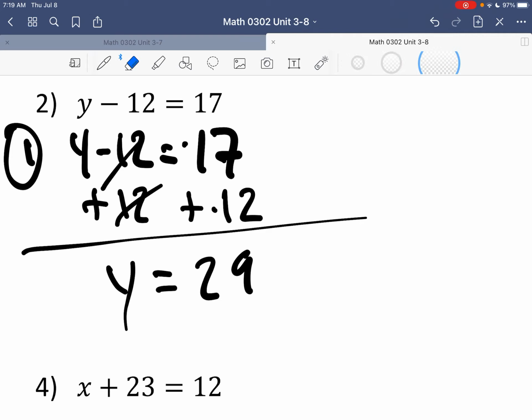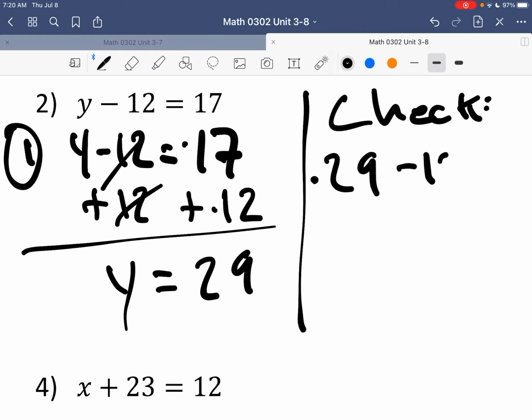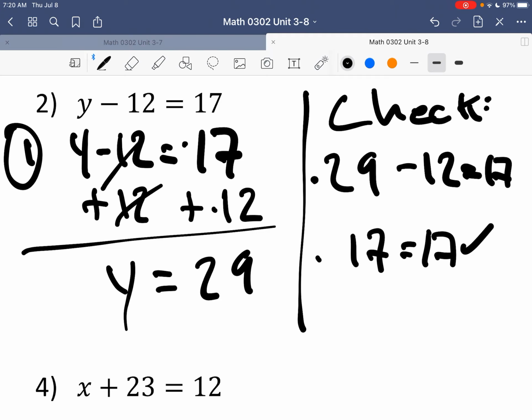And then what we'll do is we'll check to see that the solution is correct. In the original equation, wherever we see the y, we'll plug in the 29. 29 minus 12 equal to 17. 29 minus 12, same thing as 17, equal to 17.